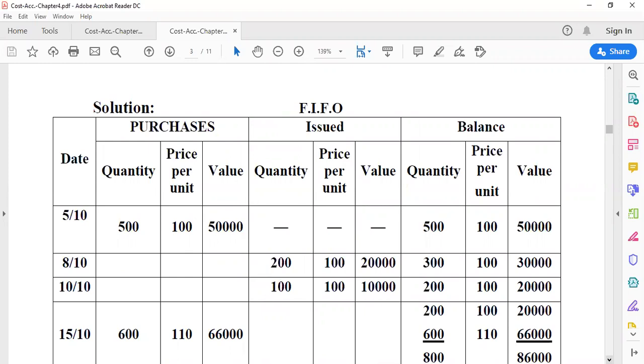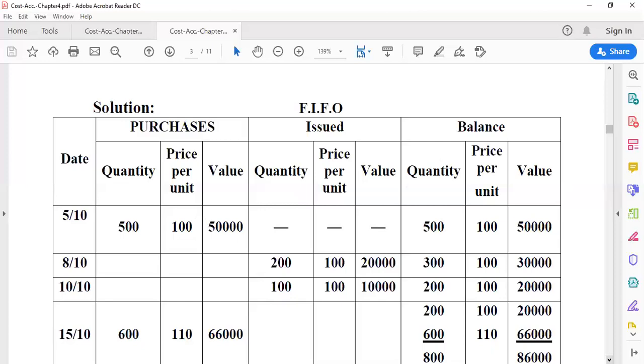Okay, so for the 5th of October, we have 500 units purchased. So I will go under the purchases column and put quantity, price per unit, and value.